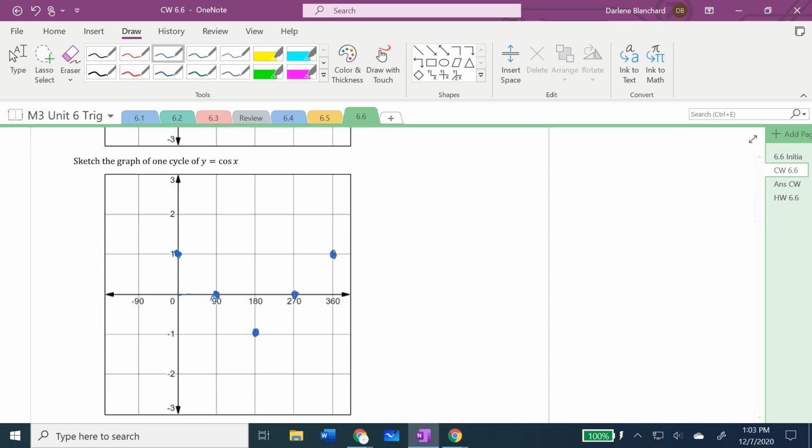Now, listen carefully about graphing this because I really don't want this to look like this. So watch. I'm going to graph from the center point. By center, I mean the vertical center. So y value 0, y value 0.